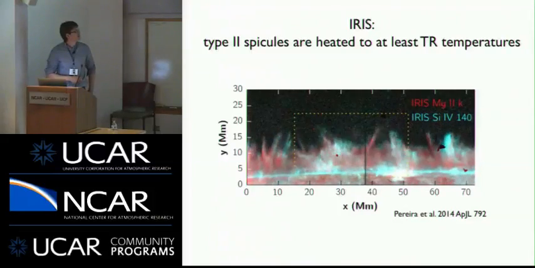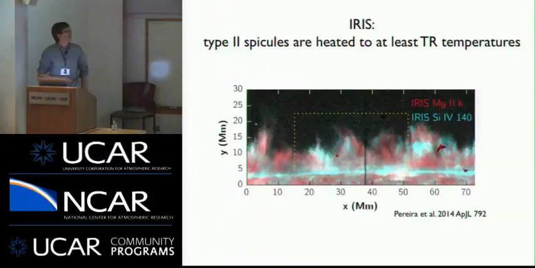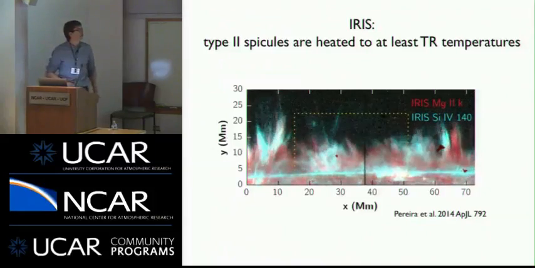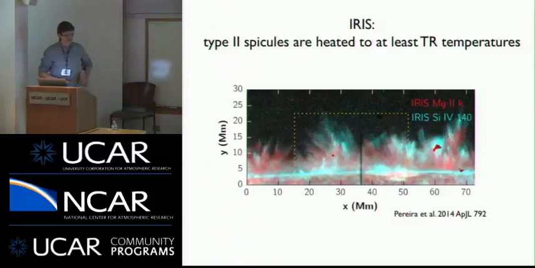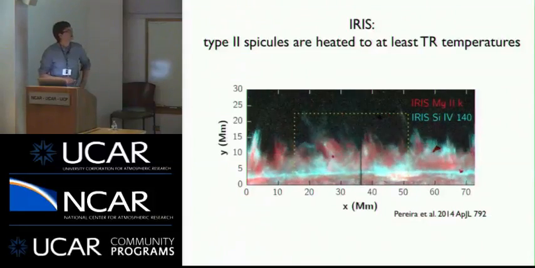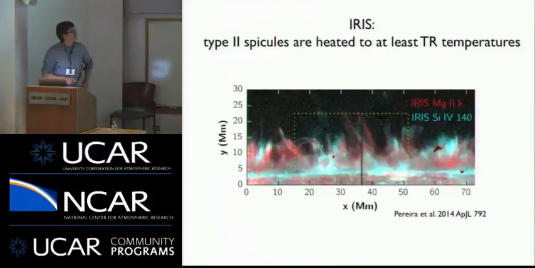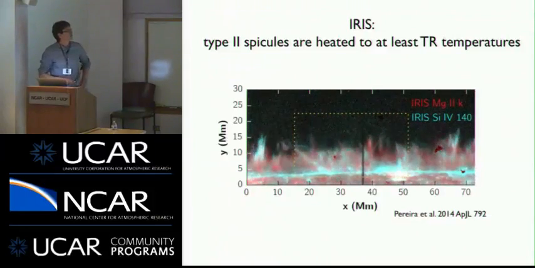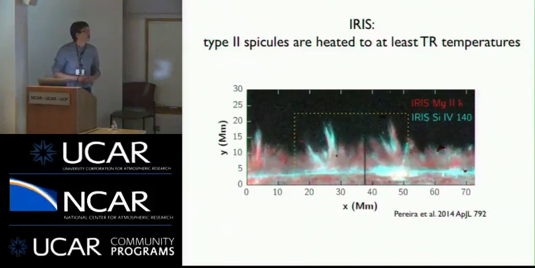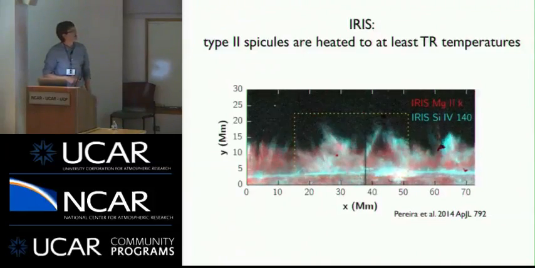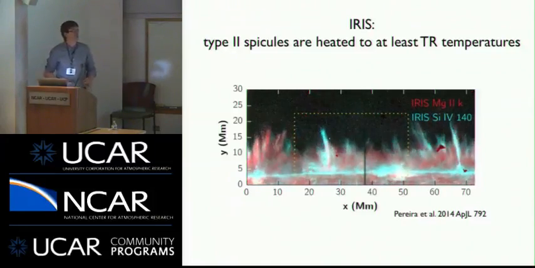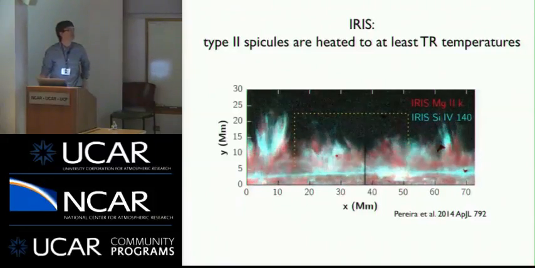So in the movie that you see here, you see a transition region signal of the silicon 4 line that is in blue, and it is on top of the magnesium K spicules that you see in red. So they ride on top of the magnesium spicules.